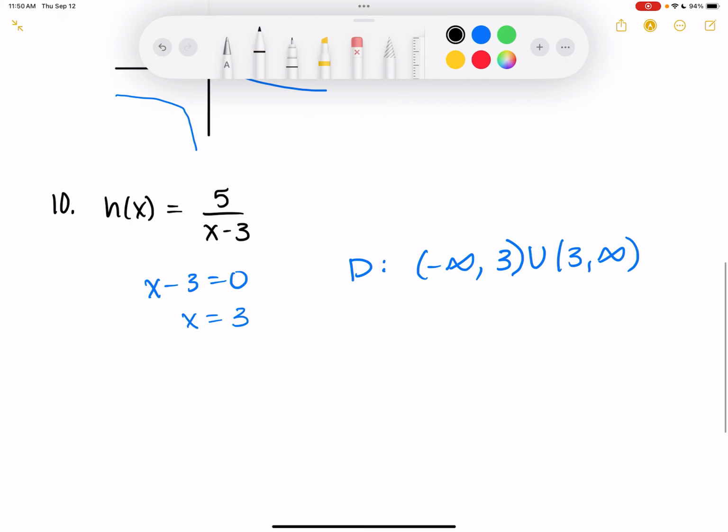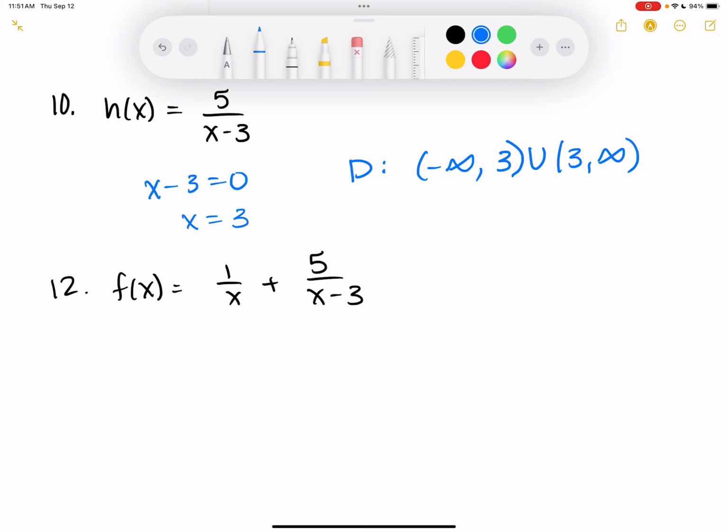12, f of x equals 1 over x plus 5 over x minus 3. Do I have any problem areas with this one, or how do I find them? x equals 0.